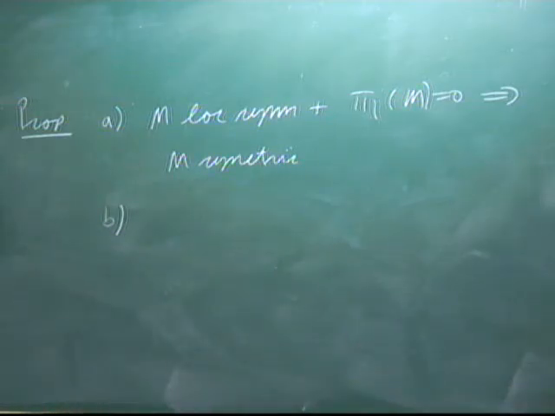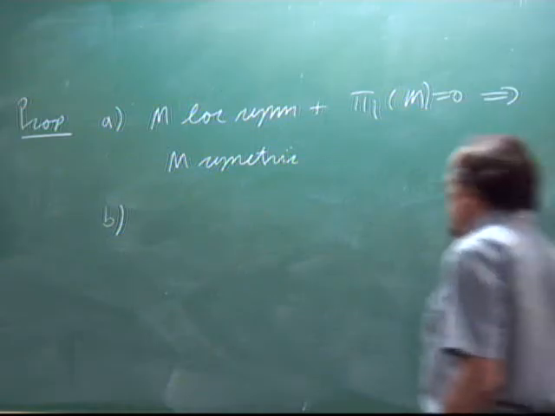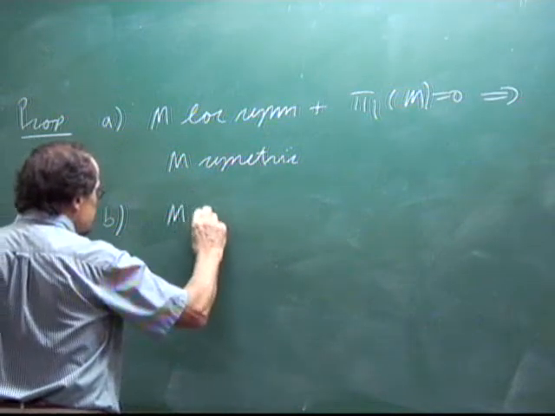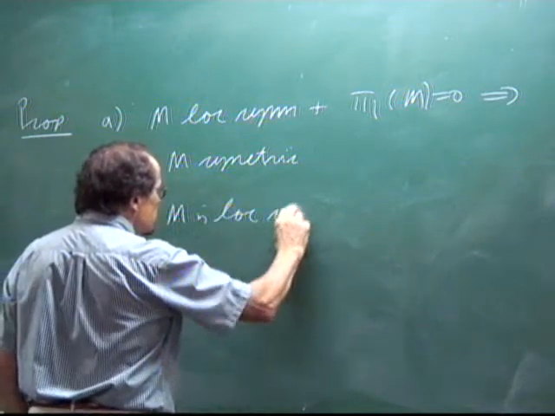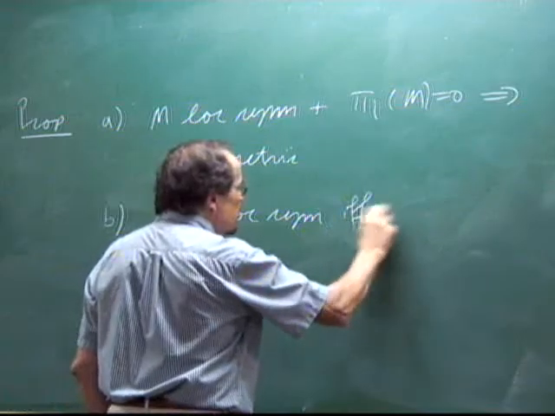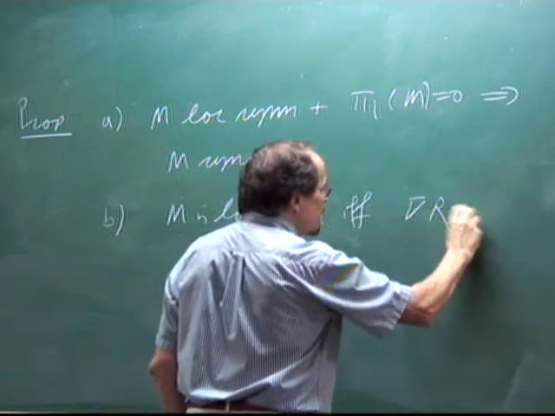I have 3 parts maybe. Yes. M is locally symmetric if and only if nabla R is equal to 0.